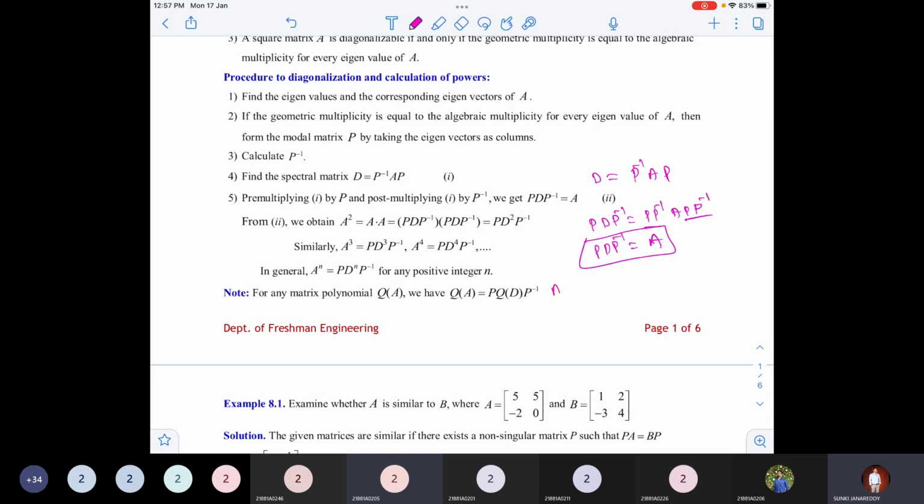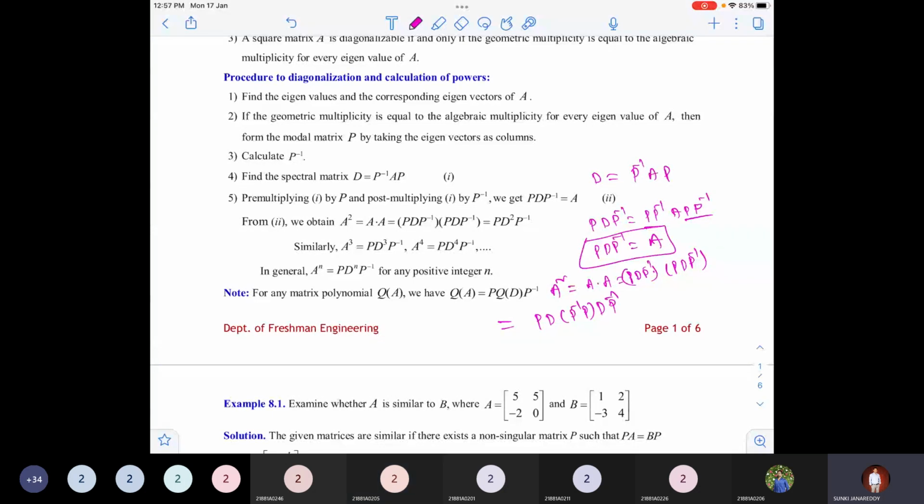Next, from this we can write A square. A square is equal to what? A into A, which means P into D into P inverse into again P into D into P inverse. By associative law we can write like this: P into D into P inverse into P into D into P inverse.